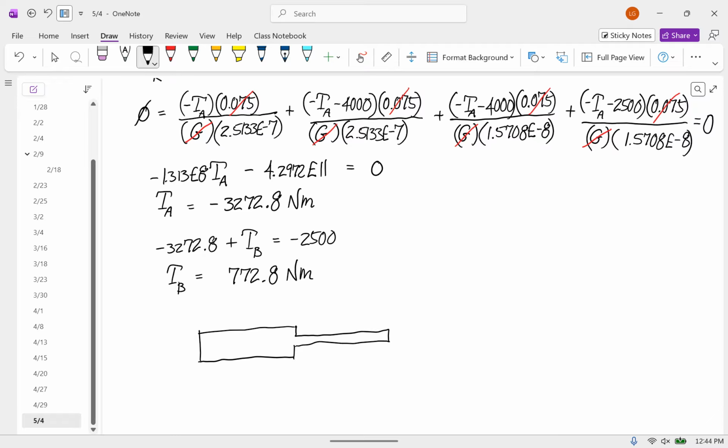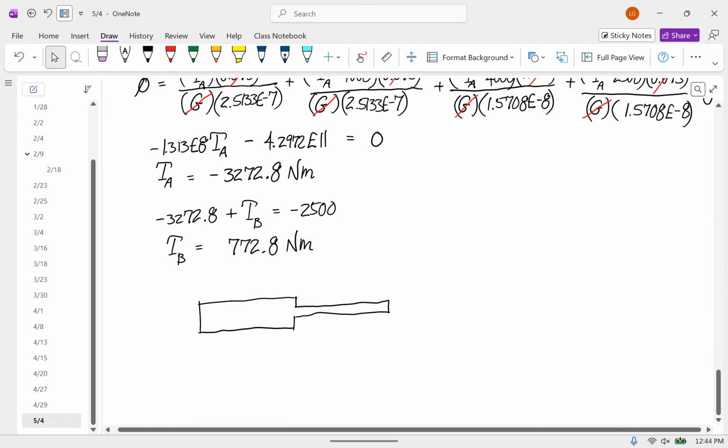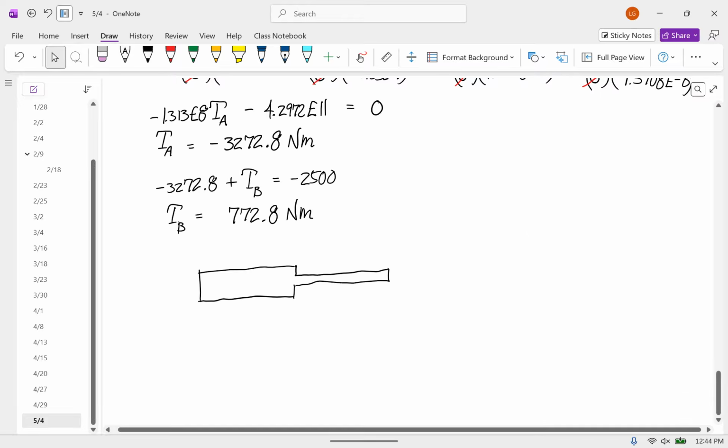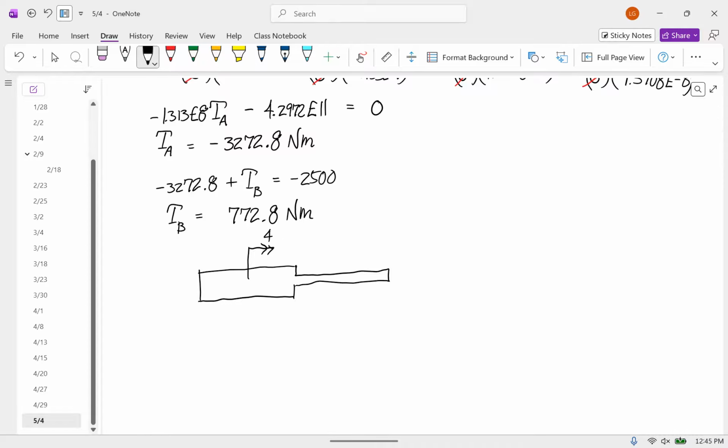So we have the 4,000 going this way, the 1,500 going this way.